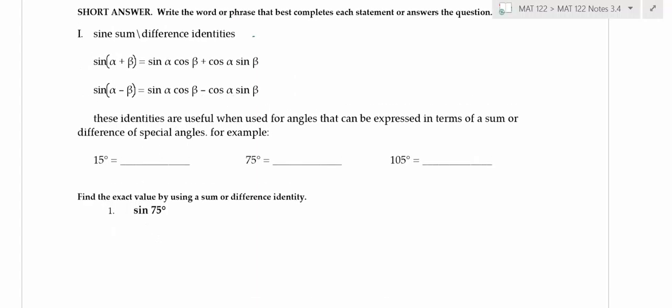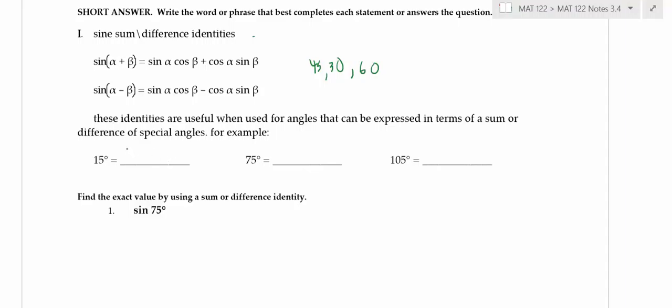So one of the things we're going to look at, if we were dealing with 15 degrees, we would like to look at a combination using some of these special angles, 45, 30, 60, really any kind of an angle that falls on the unit circle that's derived from any of the special triangles.